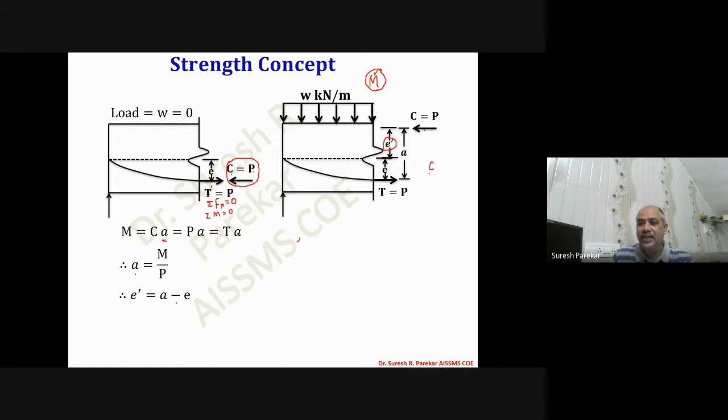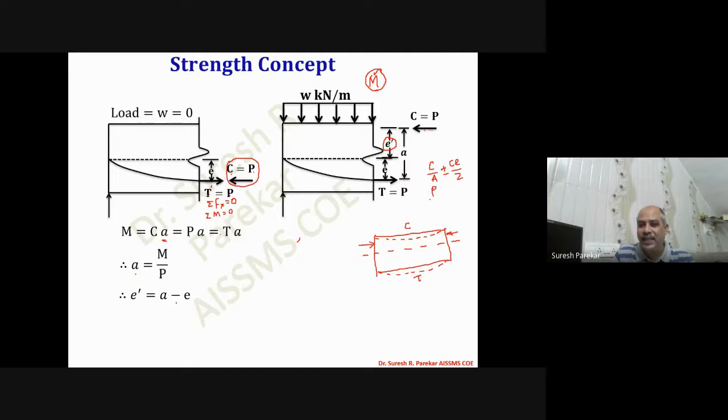Means I can say this as C by A, and that will be plus minus C e dash by Z. Now keep in mind, this is above the line, and if you apply the pre-stressing force above the centroidal axis, then we get bending in this fashion, where we have compression at top and tension at bottom, and therefore we have plus minus.